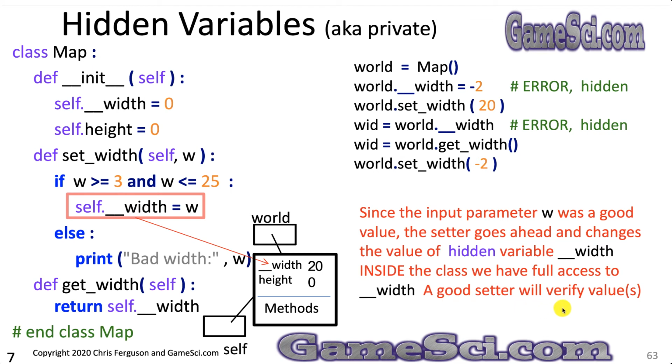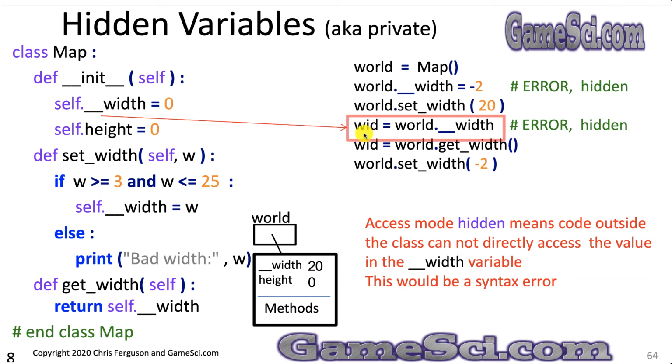A good setter will always verify the values before it assigns it to the variable. What this setter did is said, I want to make sure the width is restricted between 3 and 25. If it's less than 3, it's not good. If it's greater than 25, it is not good. You pass me a good value, and I will change the hidden variable.